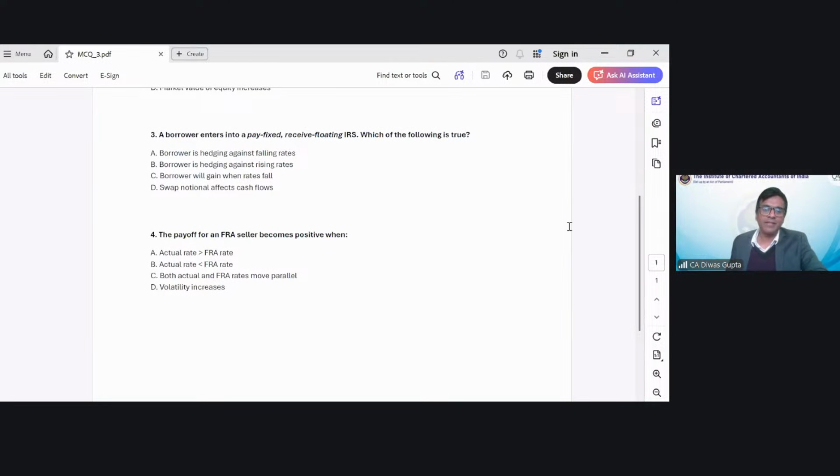Come on, students, this is relatively an easier one. The correct answer here is, yes, very good, Lavanya. Saminathan, you're also right. This is the B part, where the actual rate is lower than the FRA because you are in the selling position. Yes, Saminathan, you're also correct.